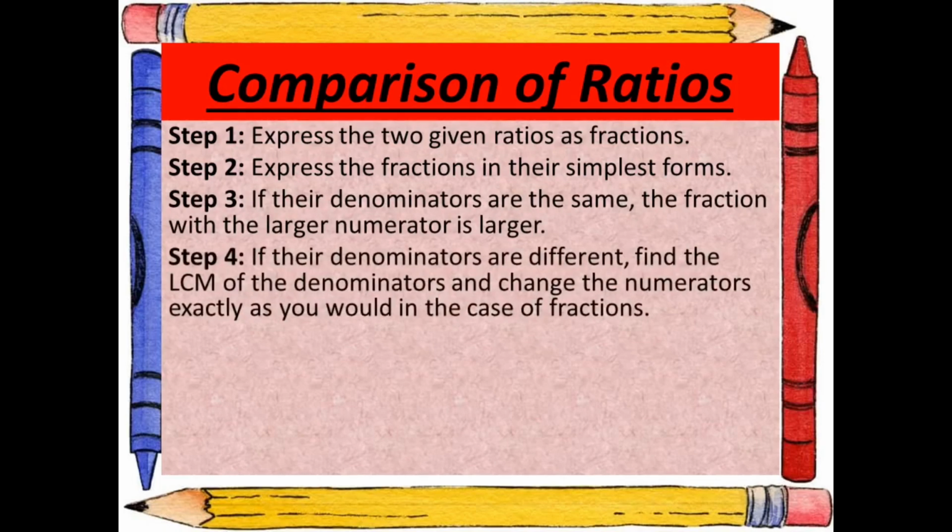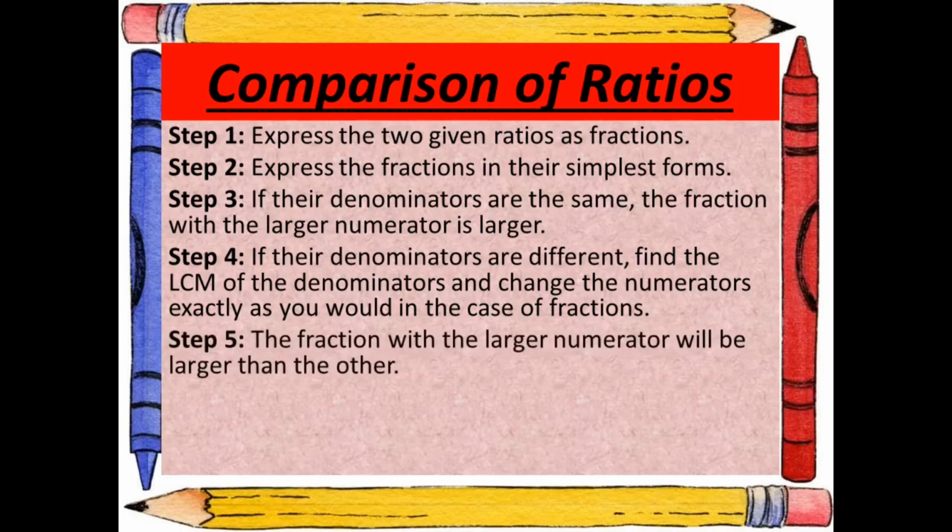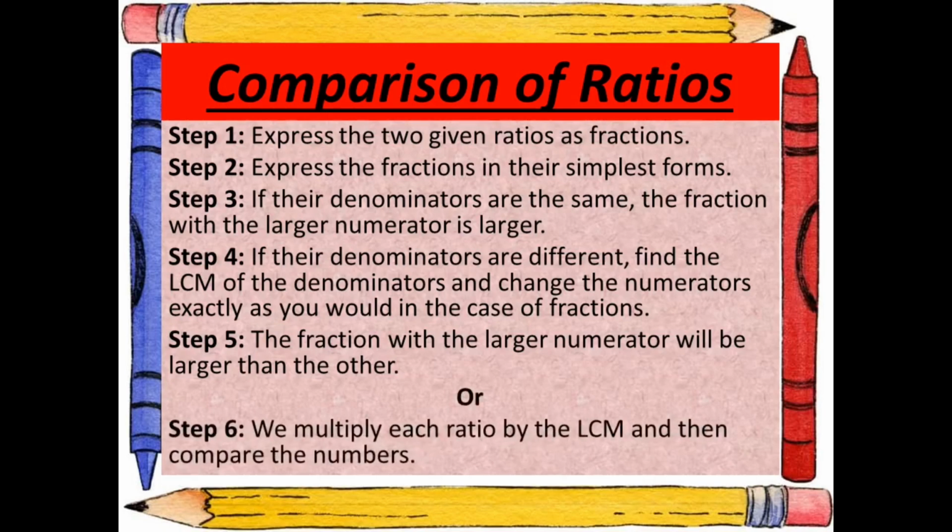Step number 4 says that if the denominators are different, find the LCM of the denominators and change the numerators exactly as you would in the case of fractions. And step number 5 says that the fraction with the larger numerator will be larger than the other. Step number 6, it says that we multiply each ratio by the LCM and then compare the numbers.